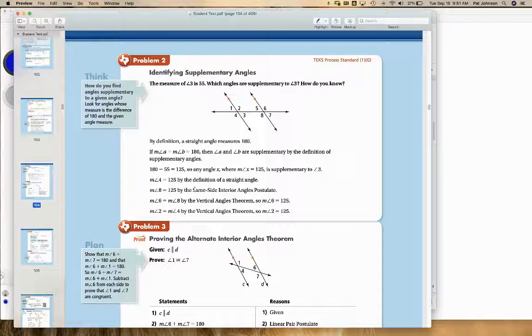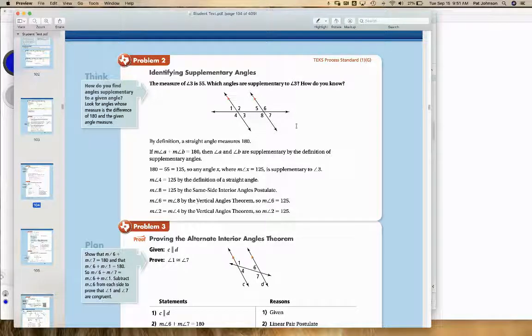They said measure of angle 8 because of the same side interior postulate, so 8 and 3 are supplementary. I said that the measure of angle 8 corresponds to the measure of angle 4. They are corresponding angles, so that was my justification. There's not a right or wrong answer. You've got to use the right postulates and the right theorem. So that's how I got measure 8.